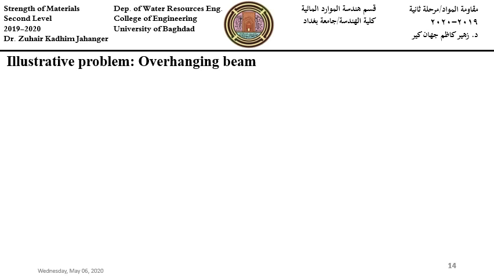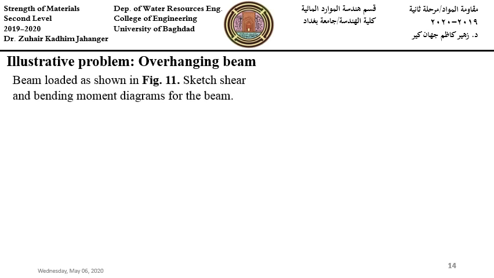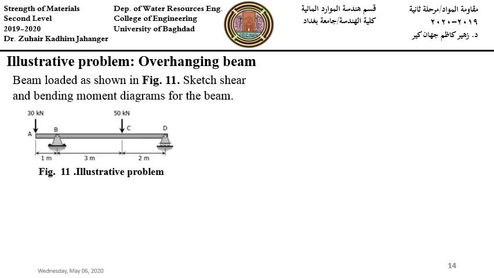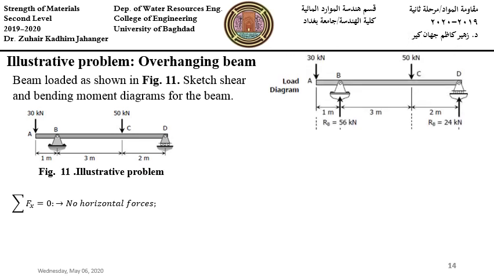From the previous video, I solved the overhanging beam, and some students asked for more clarification. So please follow these steps. Before that, we draw a free body diagram, and from the free body diagram we get two reactions, RB and RD.